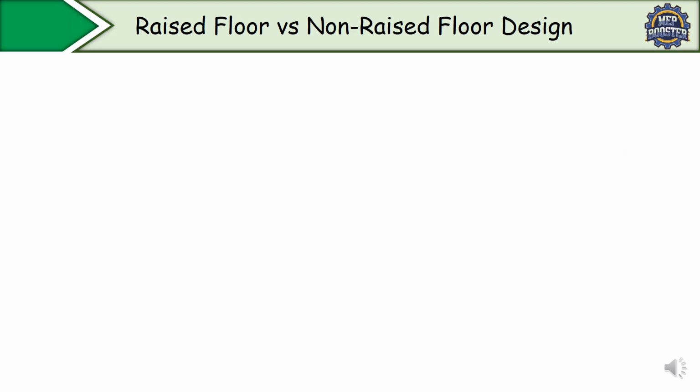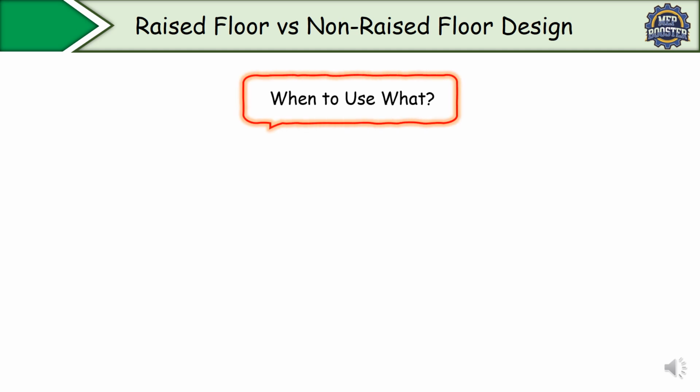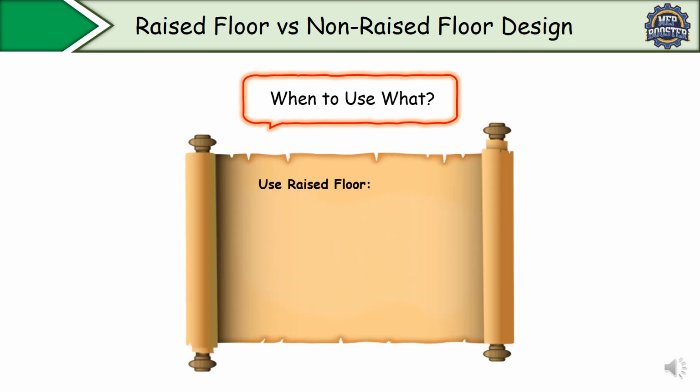Okay, now here I will show you when to use what, when to use a raised floor system and when you have to use the non-raised floor. Let's start. See, when do we need to use raised floor design? Medium density means heat load per rack is moderate, not very high. If your heat load per rack is moderate, you can go for this raised floor design.